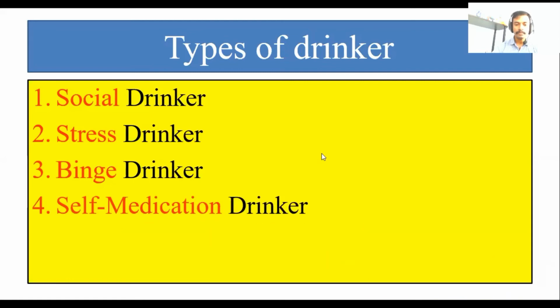Then self-medication. Self-medication means use for a particular therapeutic purpose. For example, experiencing a cold, at that time using alcohol and pepper like this. Then high-risk drinker, a drinker who is difficult to eliminate or difficult to cure.